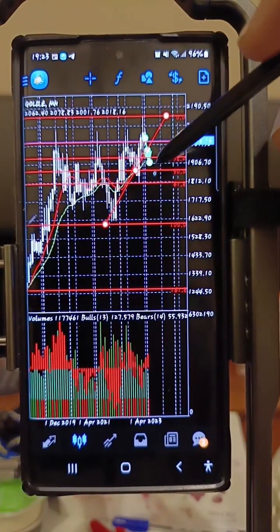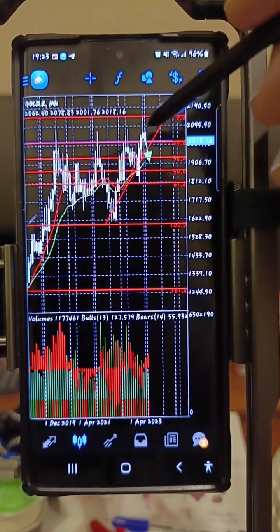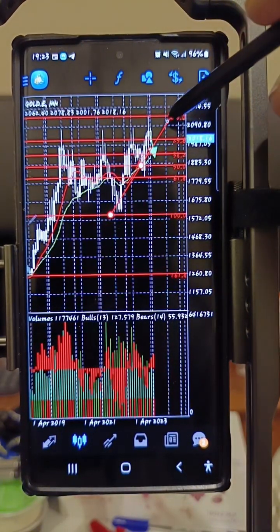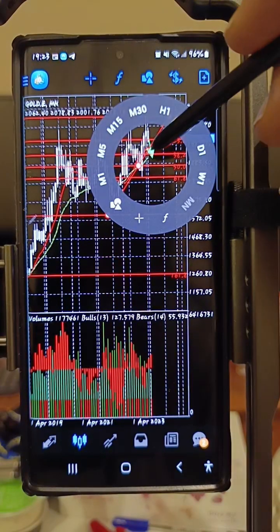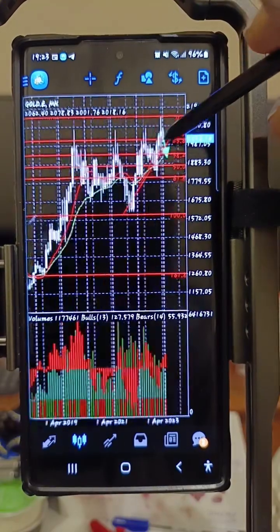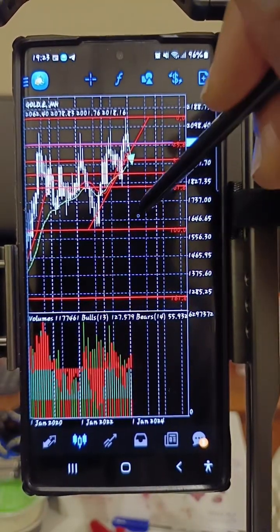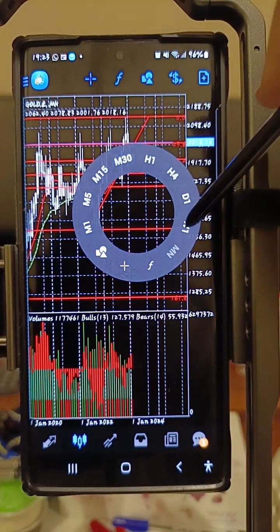Okay, from the low point to the high point, I'm going to draw my fib. Okay, so my direction, as I mark it off, then I'm just going to go to the weekly.